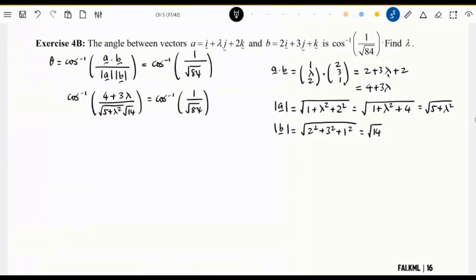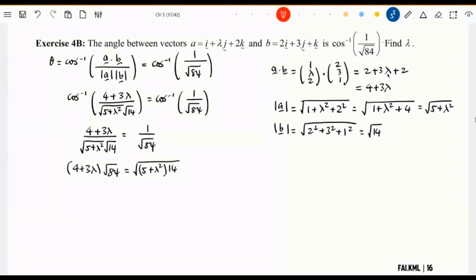Okay. So we end up with, kita ambil yang bahagian dalam sahaja. Okay. So we can cross multiply. Okay, so we end up 4 plus 3 lambda, square root 84, square root 5 plus lambda square times 14.